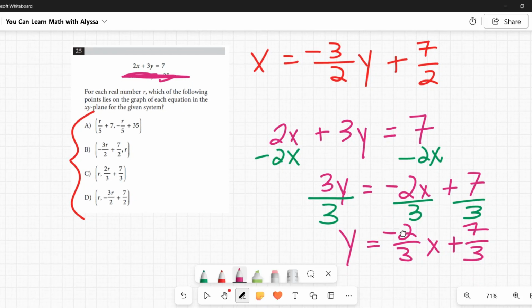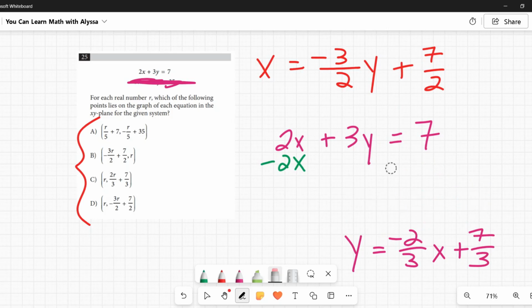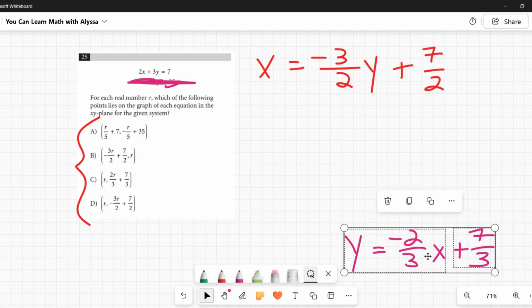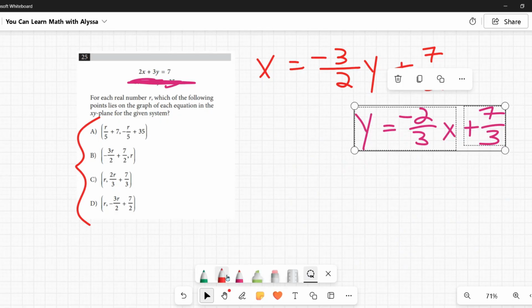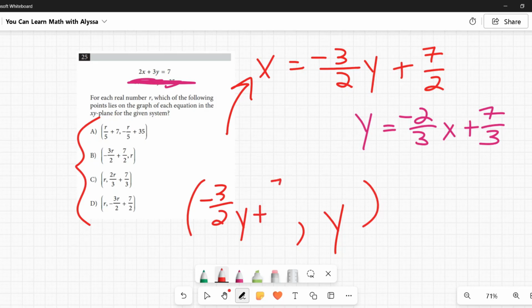Okay. What does this mean? And you're like, okay, that's cool, and it's very close to what's going on. Here is what it means. If I was to pick any random y value and plug it in, my x is going to be equal to negative 3 halves times that y value plus 7 halves.